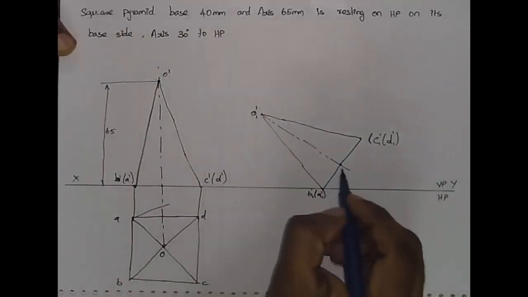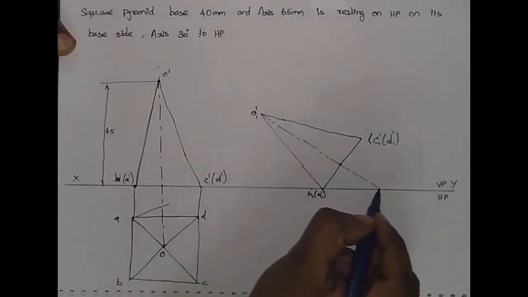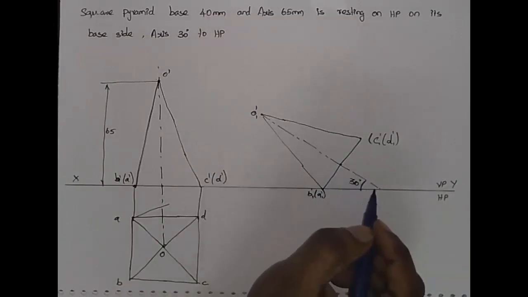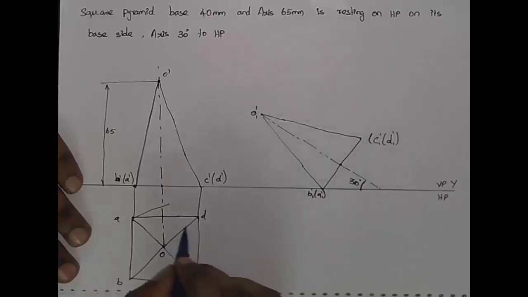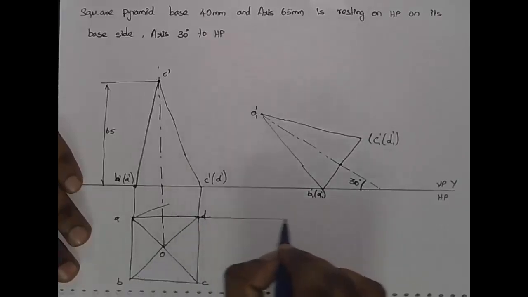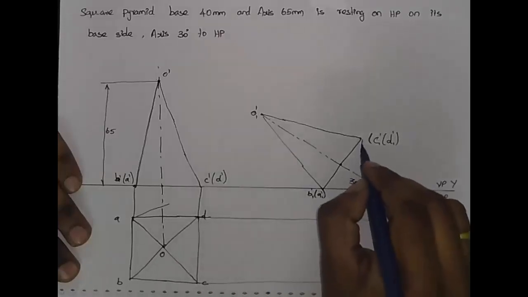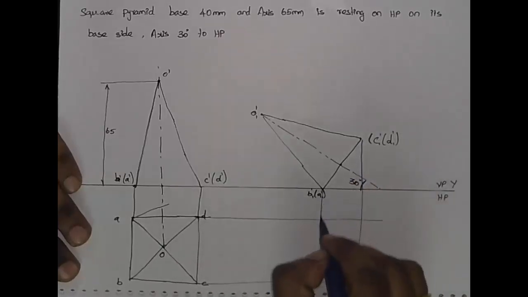It is my axis is 30 degree. Now it is very simple. You just project all the points. So here also project, here project these points.